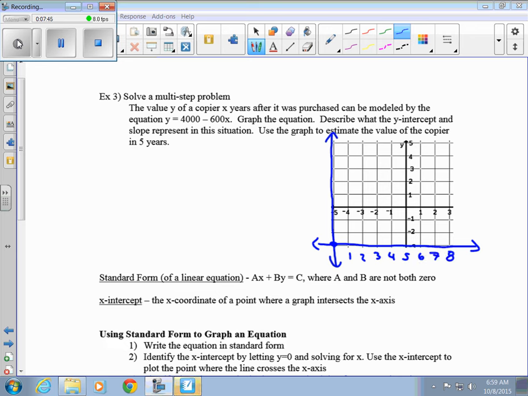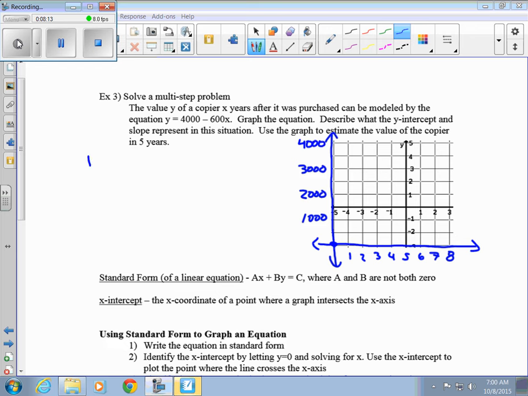And I'm going to switch the y coordinates, and we need to get up to at least 4,000 because we know that the copier is going to cost that. So we'll go by 500. So I'm going to go 1,000 here, 2,000 here, 3,000 here, and 4,000 here.